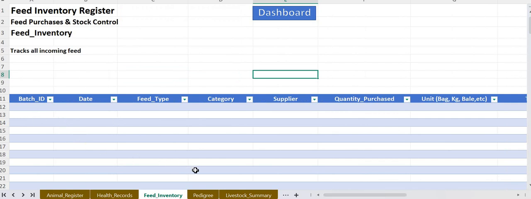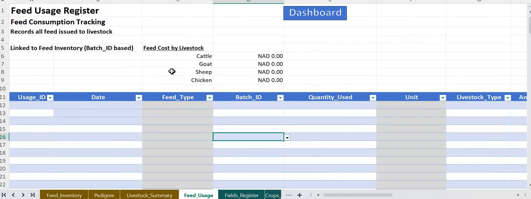You will also see that we have a register known as the feed usage. This is what will keep track of the feed consumption. It records all feed that is being issued to livestock.